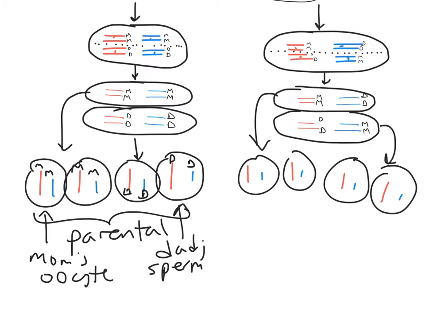And over here, you'd have one mom, one dad. So on the left side, as I drew it, the mom would be the red chromosomes, dad would be the blue chromosomes. Dad's allele, that is, dad's version. And then on the right side, it would be dad is red and mom is blue.